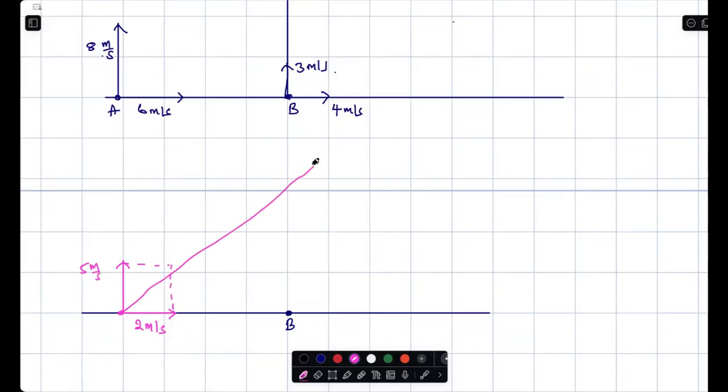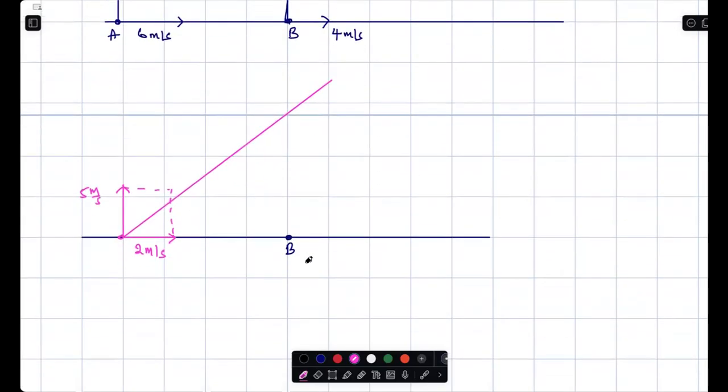Undoubtedly, A will not collide with B. Why? Because this is the direction of motion of A as observed by B. Then what is the other option?